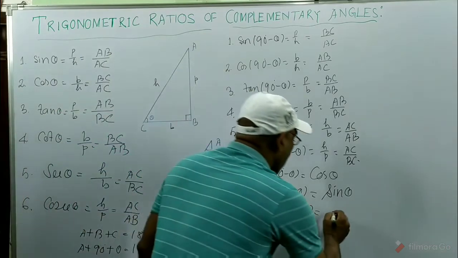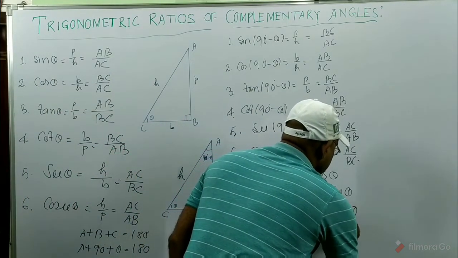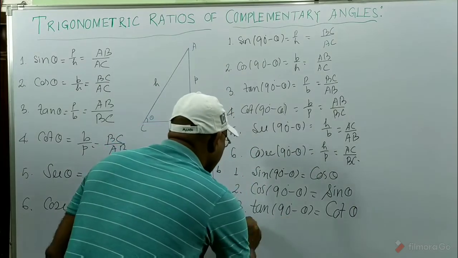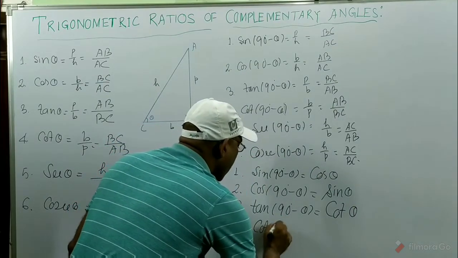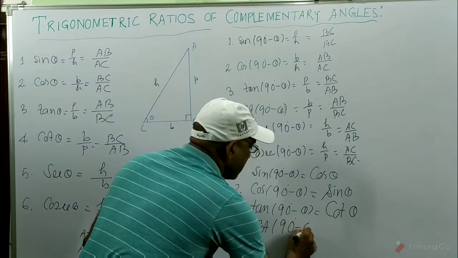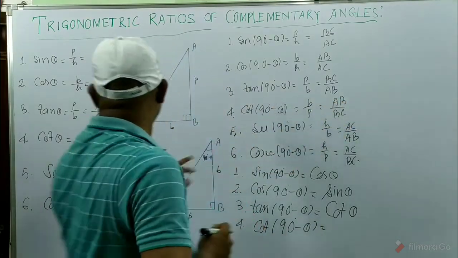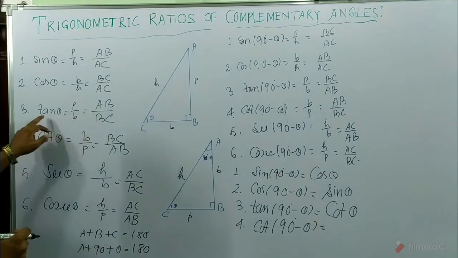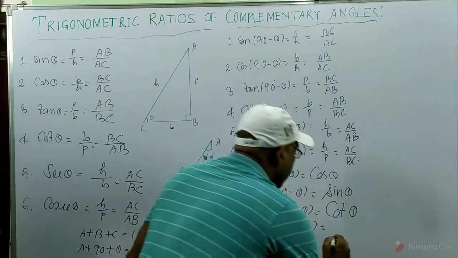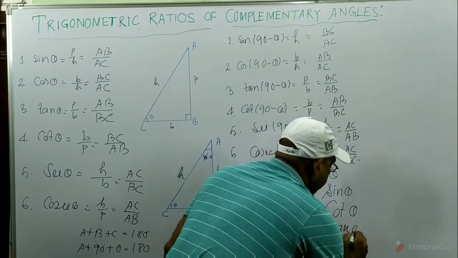So we get cot theta. Number 4, cot 90 degrees minus theta is AB by BC, which means tan theta.